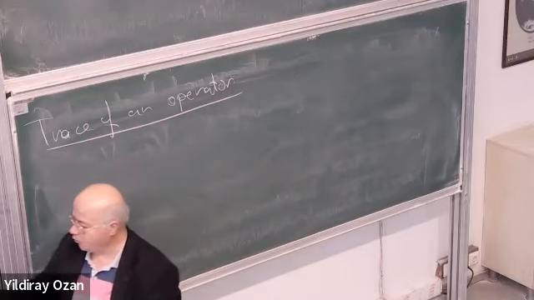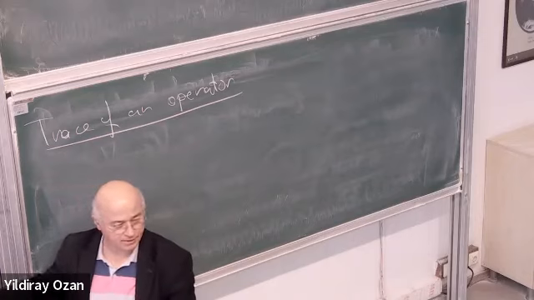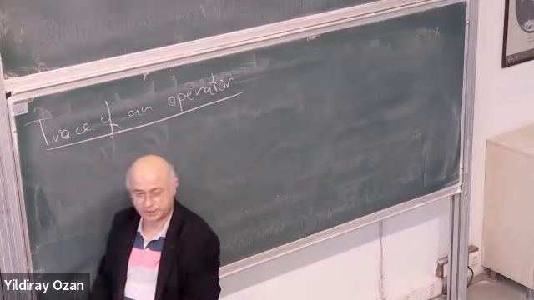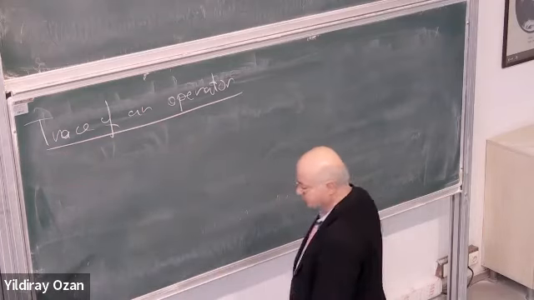If you have an operator, you write it in a basis, and then you just take the sum of the diagonal entries. That's one definition.